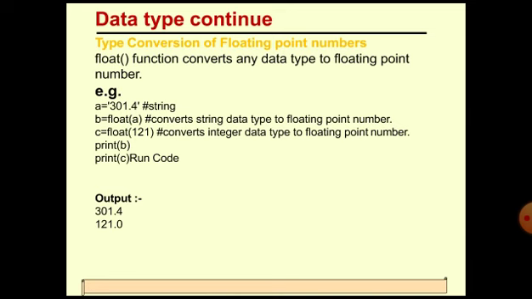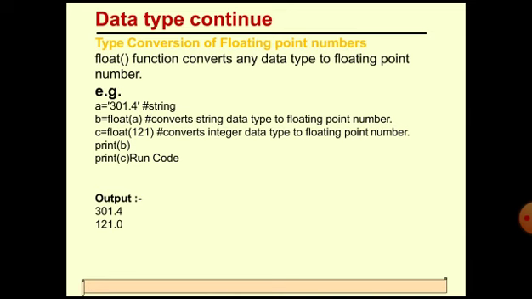For example, here we have passed a into float. If you see the second line, first of all we have assigned the value 301.4, which is a string, to a, and if you pass this variable into the float function, what will happen? This string data type will be converted into a float value.